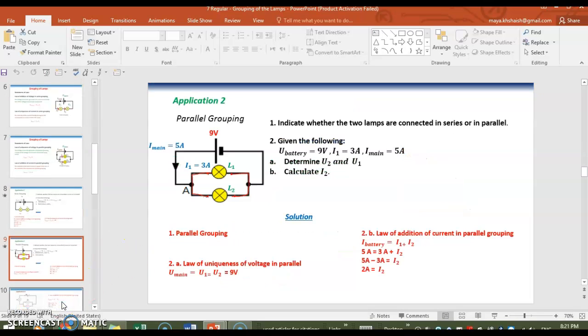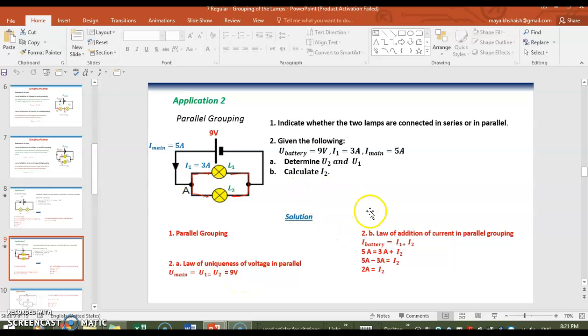Now direct application. Application 2, indicate whether the two lamps are connected in series or in parallel. Again, indicate, no need to justify. This is parallel grouping. Given the following: U battery 9 volts, I1 3 ampere, I main 5 ampere, determine U2 and U1. So we know that in parallel grouping, law of uniqueness of voltage, U main equals U1 equals U2 equal 9 volts.